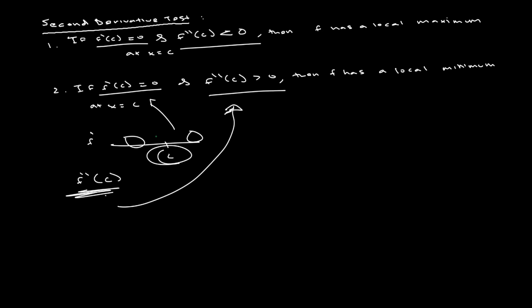But for the sake of clarity, let us do an example of the second derivative test, and let's find the extreme values of the function f of x is equal to x cubed minus 12x minus 5. So f prime of x is simply 3x squared minus 12, and f double prime of x is equal to 6x, right?